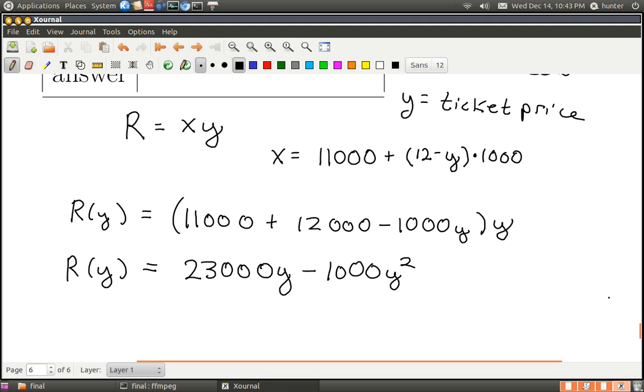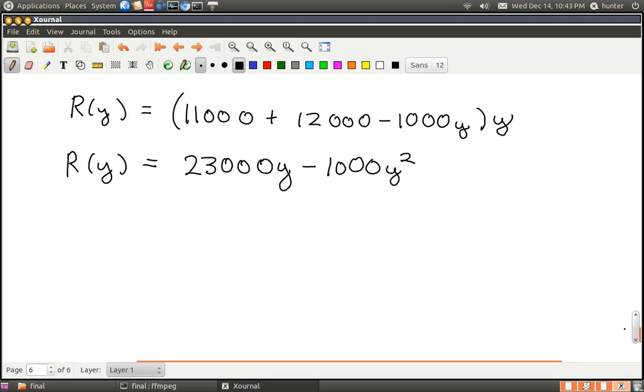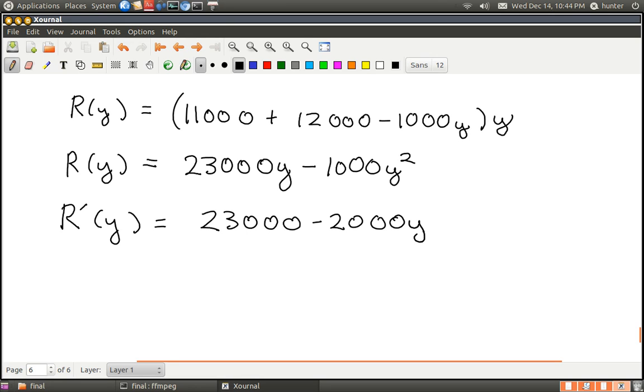Okay, so now we're ready to take the derivative. So take the derivative with respect to y, of course. And you get 23,000 and here you get minus 2,000y equals 0. So now you just have to solve. Totally boring, right? What's easier than solving algebra problems?